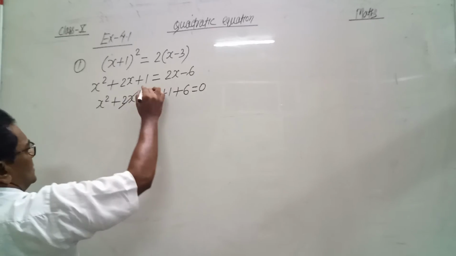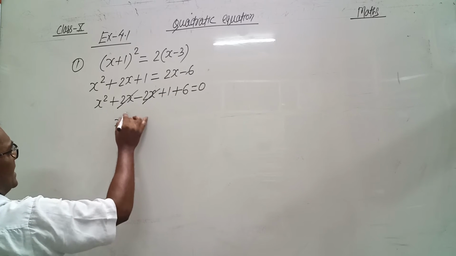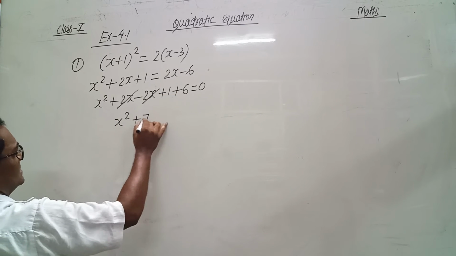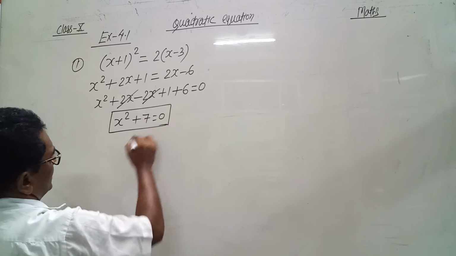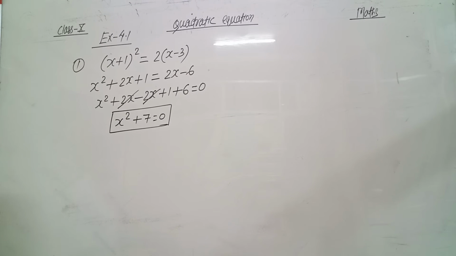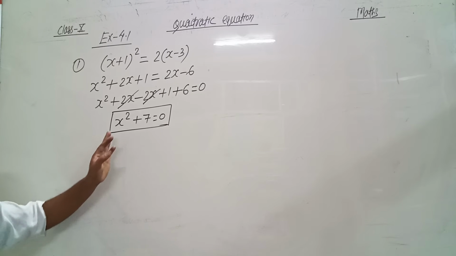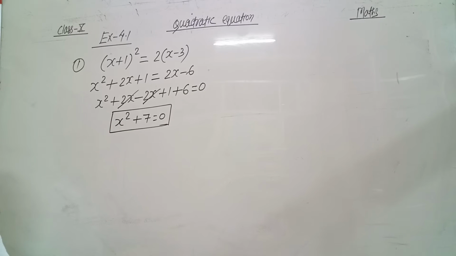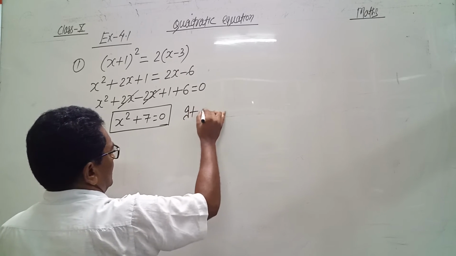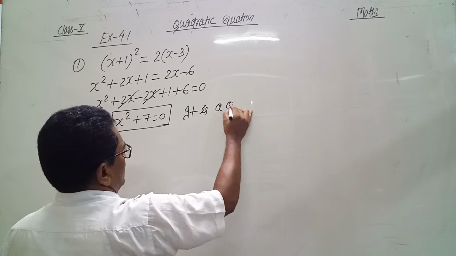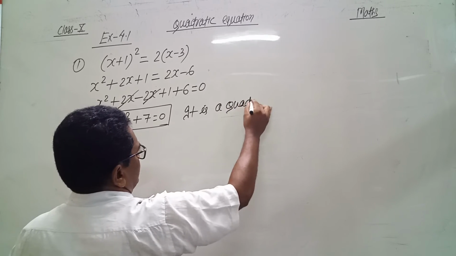So 2x and 2x cancelled and we get x square plus 7 equals to 0. Since the maximum power of x is 2, therefore it is a quadratic equation.